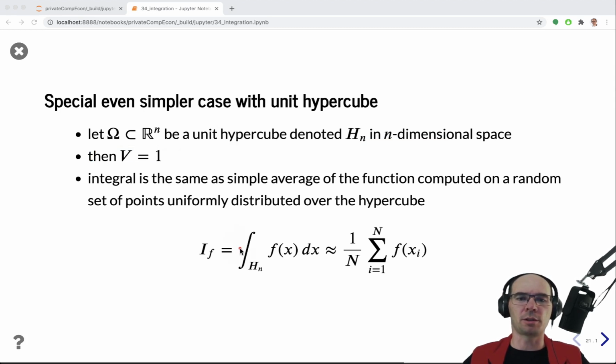And that means that v vanishes from everywhere. And now the integral on this unit hypercube is just an average, or can be approximated by just the average of the functional values. But remember now that these xi's are a random set of points uniformly distributed over the hypercube. That's important.